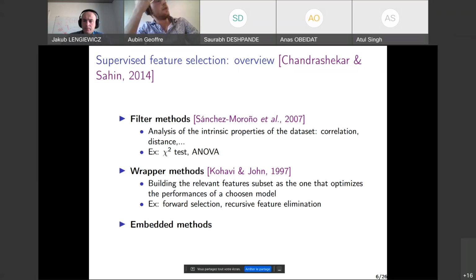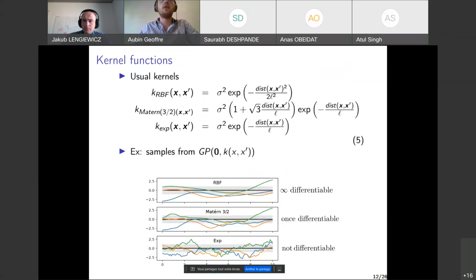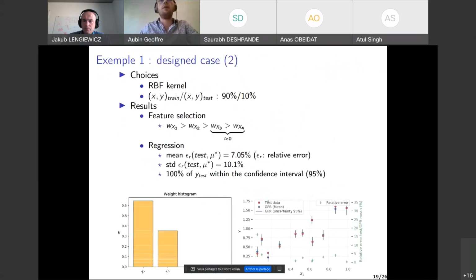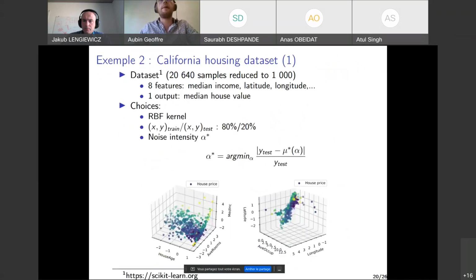Okay, regarding the kernel, you're right. RBF is a questionable choice, especially when you have a really noisy data set. For example, in the California housing data, using the RBF kernel is not a really relevant choice. We have used it because it was simpler, but yeah, if you want to tune your methods thoroughly, then you can try other kernels.